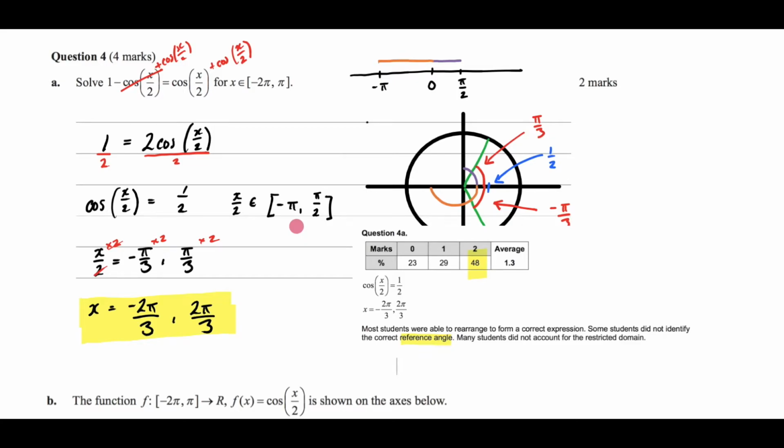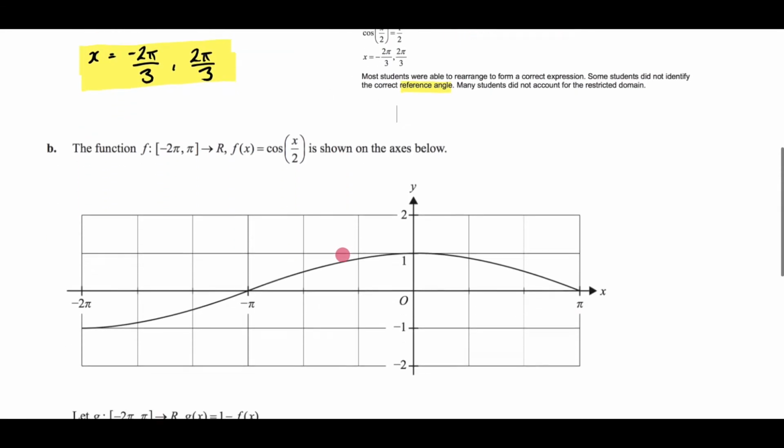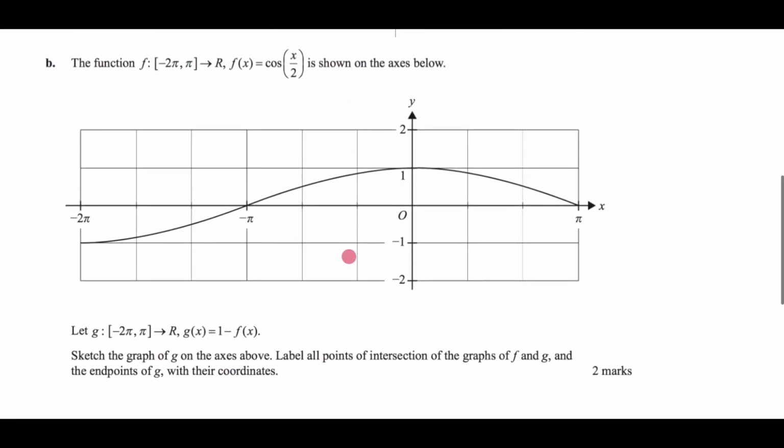All right, so let's now move on to part B, and you're going to see that A and B are intimately related with each other. So here it is. It says the function f, here is our domain, f of x is equal to cos of pi on 2 is shown on the axes below. Let g, for the same domain, so g of x is going to be equal to 1 minus f of x. So let's just write down what that's going to be.